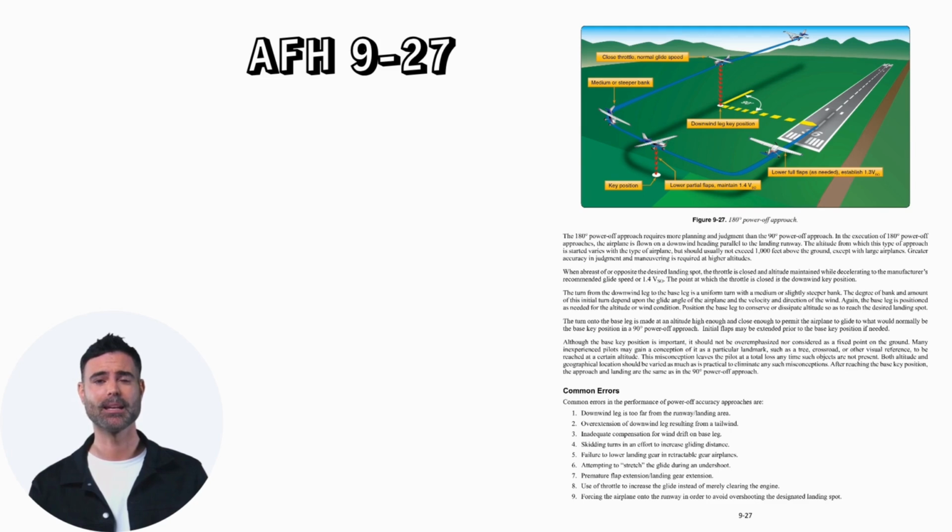Failure to lower landing gear in retractable gear airplanes. 6. Attempting to stretch the glide during an undershoot. 7. Premature flap extension, landing gear extension. 8. Use of throttle to increase the glide instead of merely clearing the engine. 9. Forcing the airplane onto the runway in order to avoid overshooting the designated landing spot.